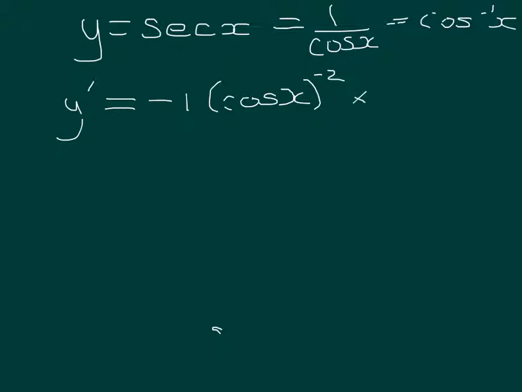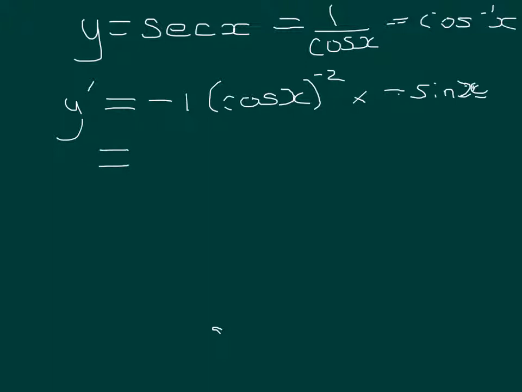Well, we know that when we differentiate cos, we get minus sine.